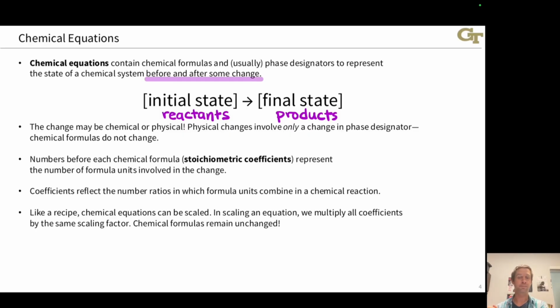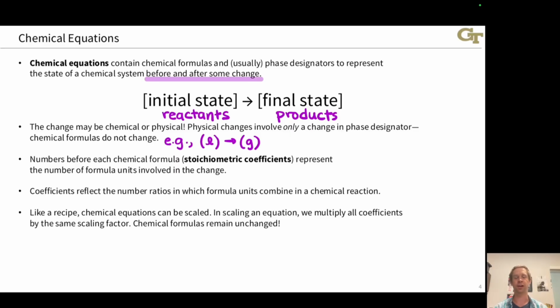Although these kinds of equations are used to represent physical changes as well, and physical changes only involve a change in phase designator, not the chemical formulas on either side. So we might see, for example, liquid H2O on the left-hand side and gaseous H2O on the right-hand side. H2O and H2O is still the same chemical substance, right? It's all water, but what we're seeing here is a change in phase or state from liquid to gas.